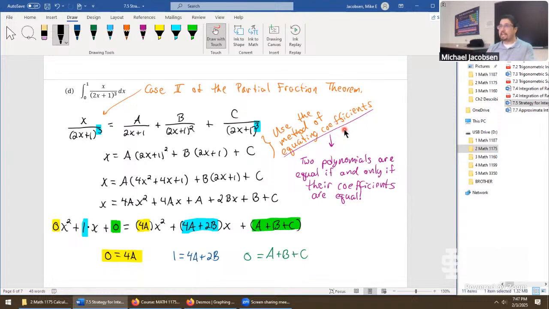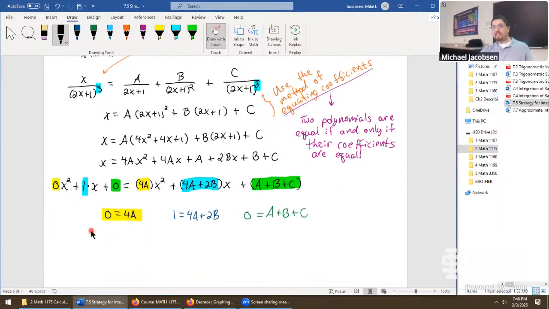Sometimes it's more work, like in the homework section where picking x equals 0, x equals -2 is actually faster in a lot of situations when you have great key values for x. But when you're lacking them, this method starts to become the preferable one. And look how fast it is. 0 equals 4a, we already have a solution. A is 0.